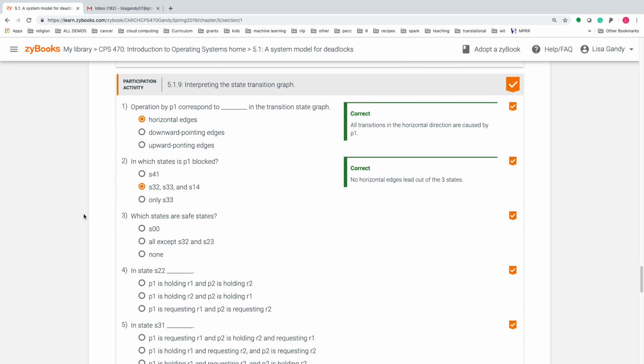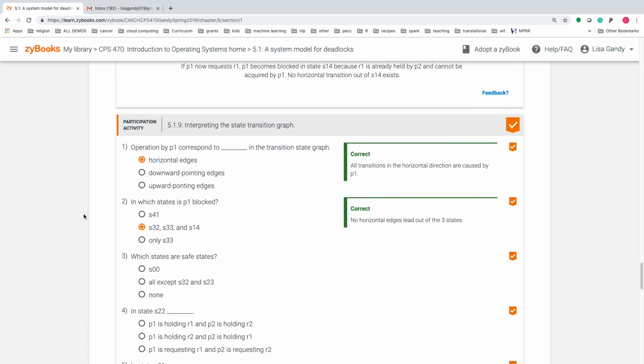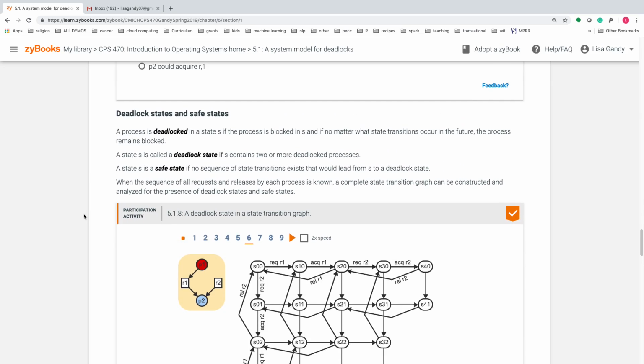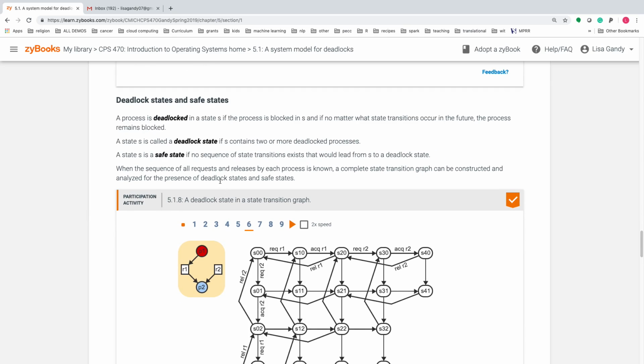Okay. Which states are safe states? So what is a safe state? A safe state is one where no sequence of state transitions exists that would lead from S to a deadlocked state. I thought everything that's not deadlock is safe.